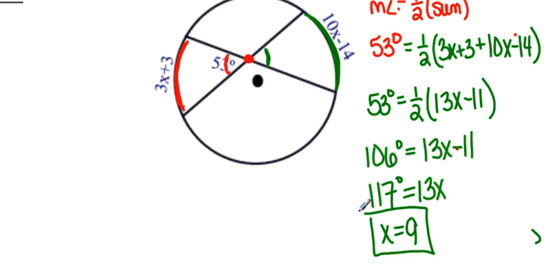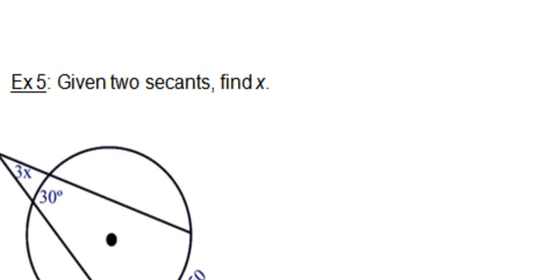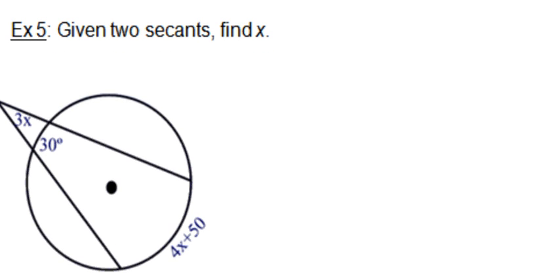All right, I think I'm going to pull a fast one on you and go backwards now to number 5. This one too, I'm going to begin by looking at the vertex, which is outside the circle. So I know that the degree measure of the angle is going to be half that of the difference between his two arcs.